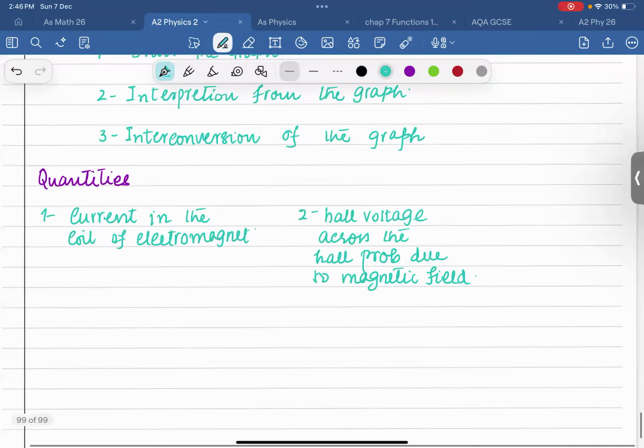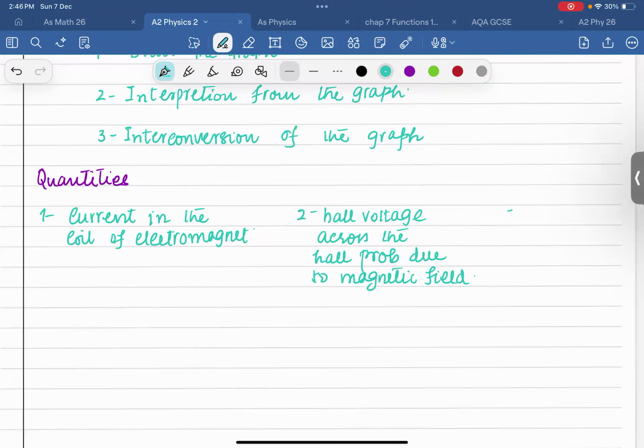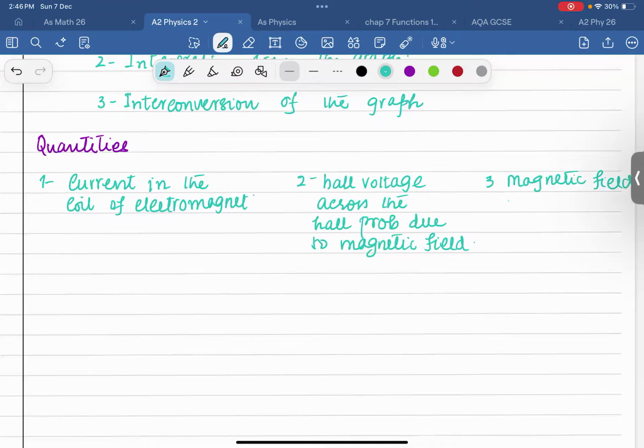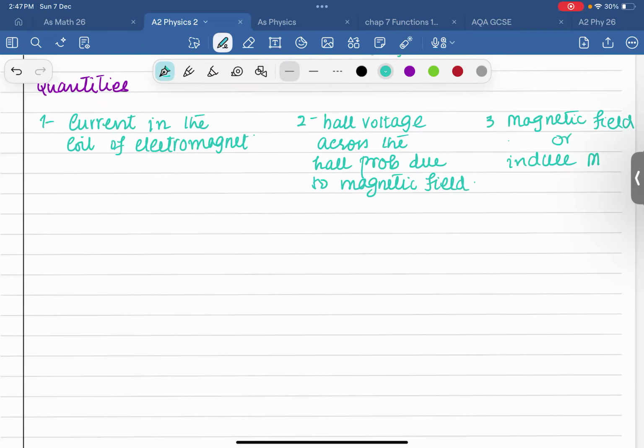And the third thing is the magnetic field, or induced magnetic field.